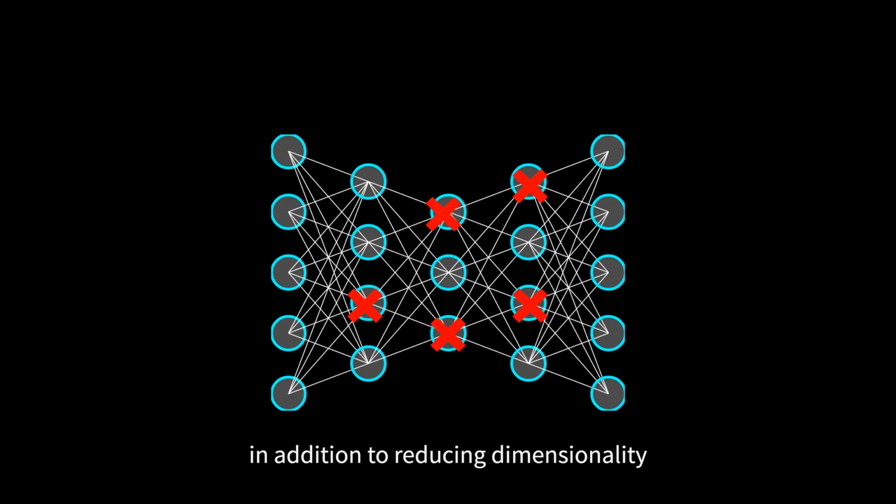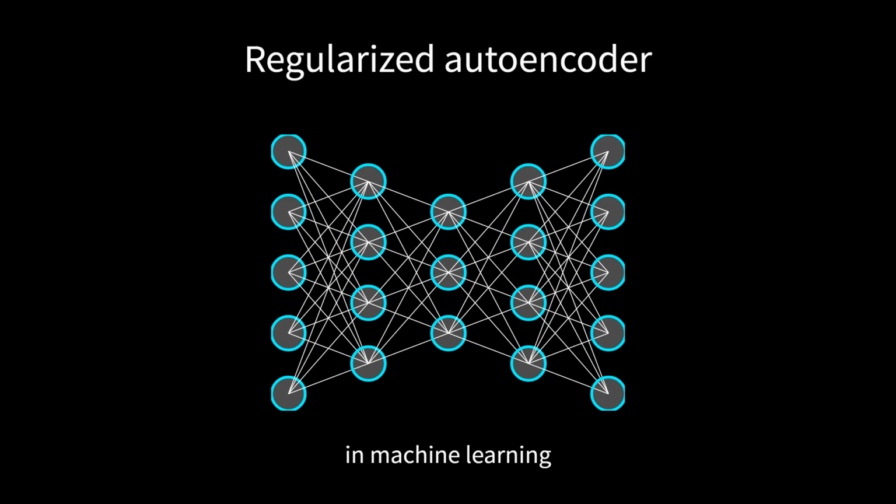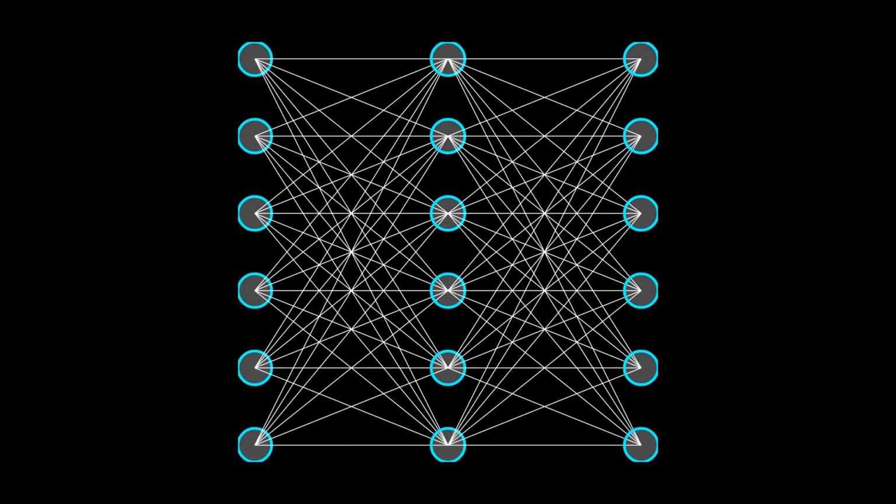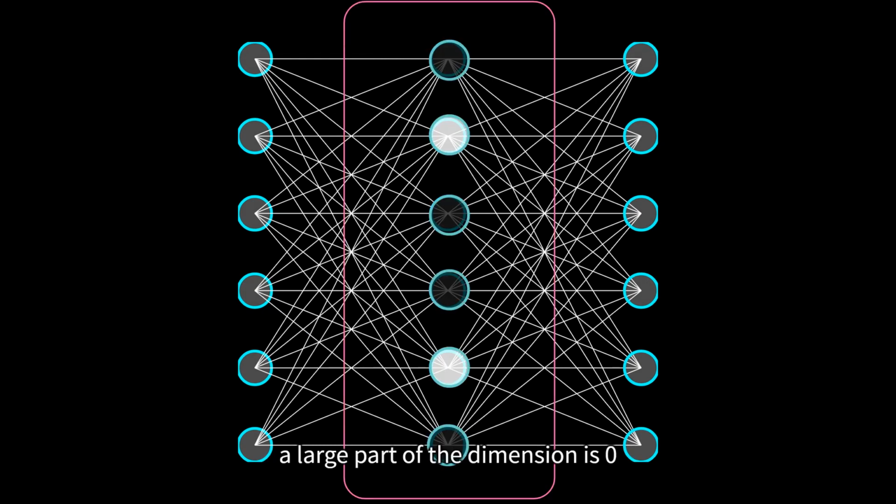So, in addition to reducing dimensionality, other constraints can be imposed, called a regularized autoencoder. Regularization in machine learning is a very important problem, and there are many studies. It will not be expanded on here. The restrictions imposed, for example, try to keep the vectors of the hidden layer sparse, that is, a large part of the dimensions are zero.